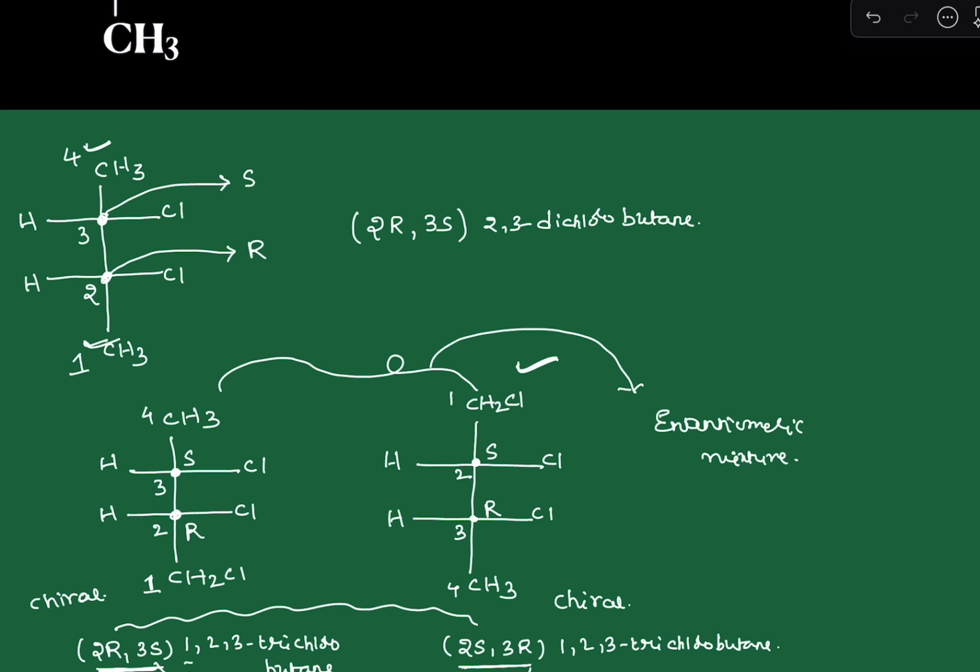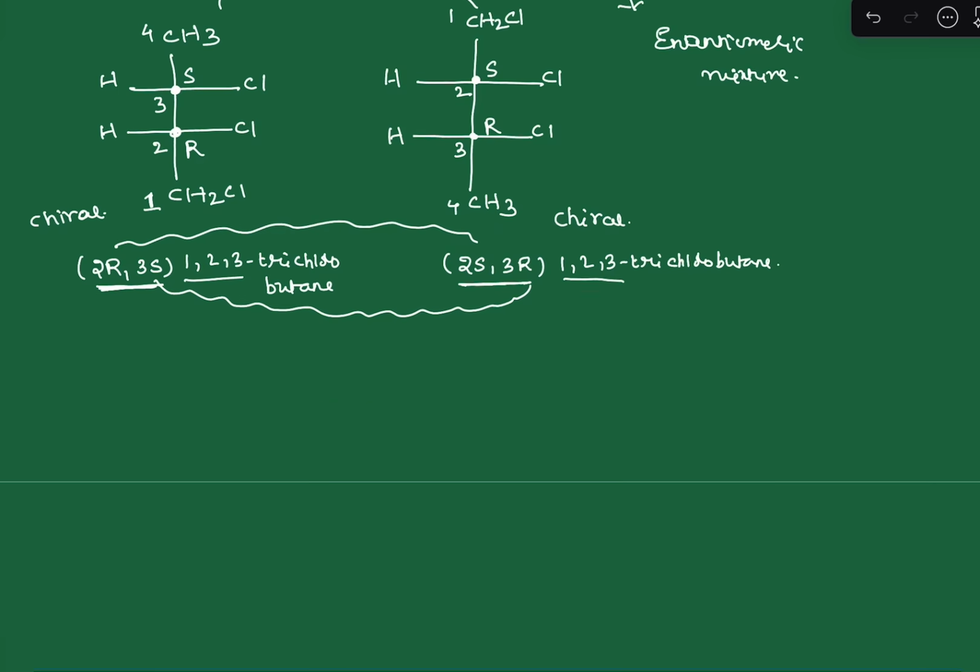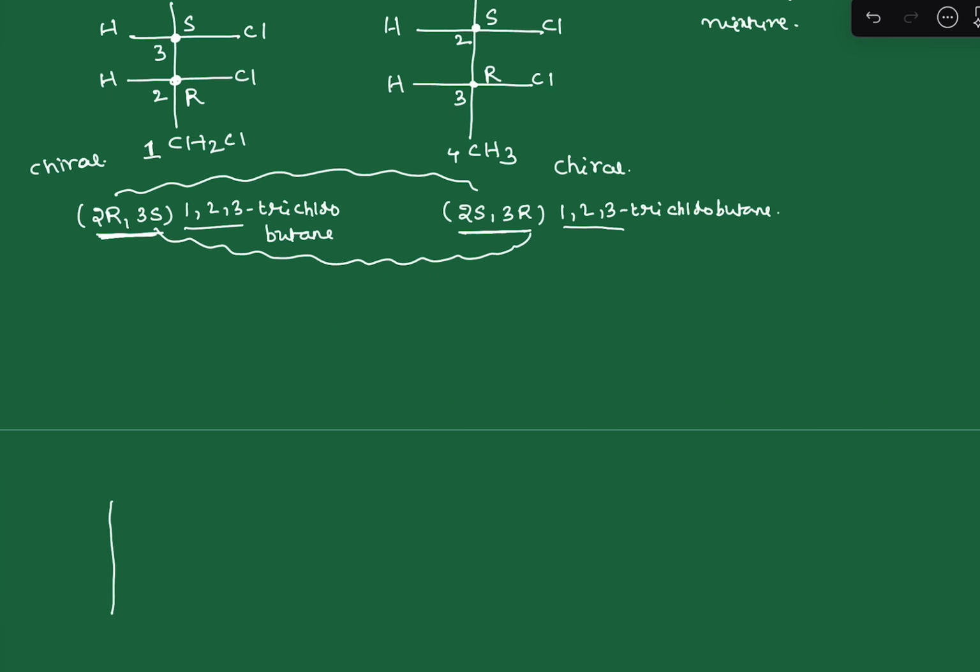So you may be confused with the 1,2,3 and 1,2,3, but stereochemistry, if you see, they are not identical. They are enantiomers. We have two compounds. Now the next one, again I am taking the starting compound. So here this is chlorine, this is chlorine, CH3, CH3, and of course remaining are hydrogens.